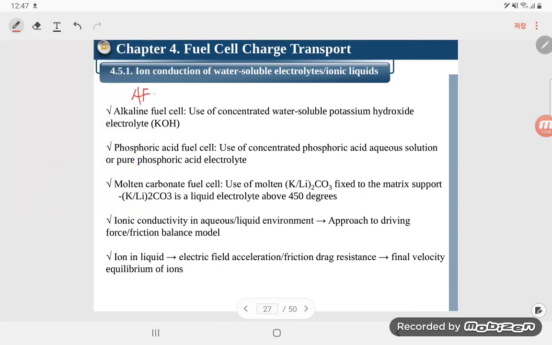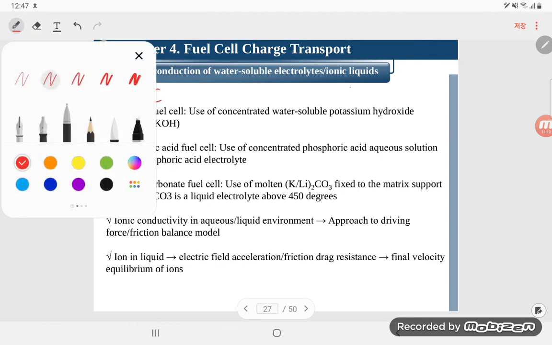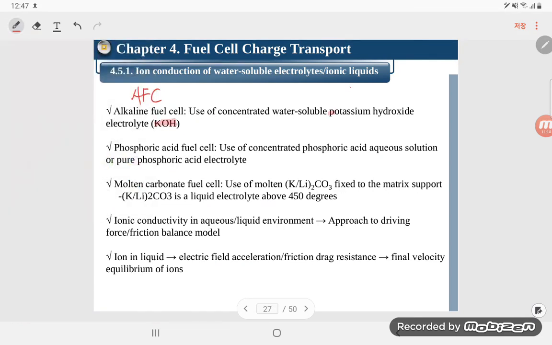For the AFC, alkaline fuel cell, we use concentrated water-soluble potassium hydroxide, KOH.